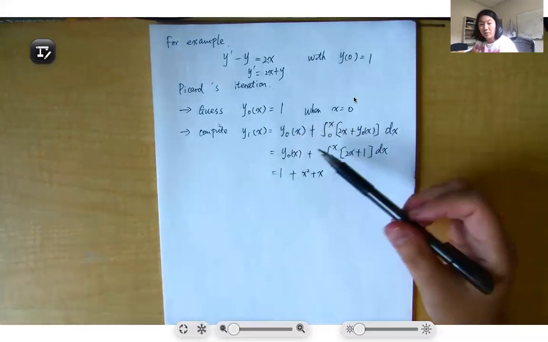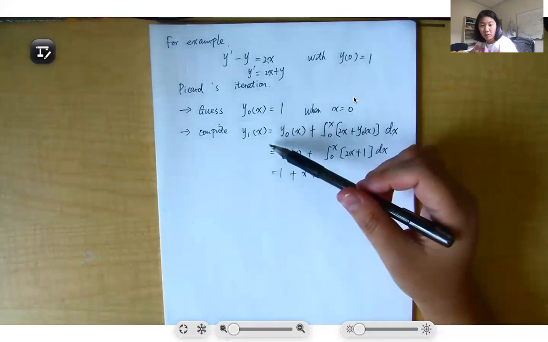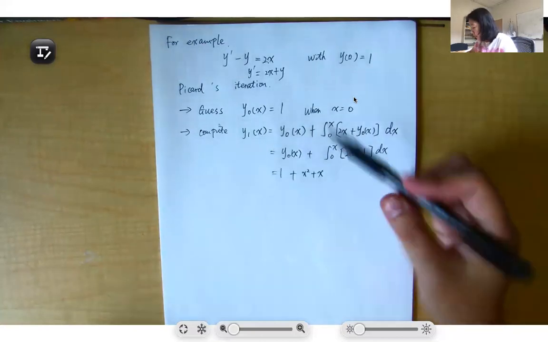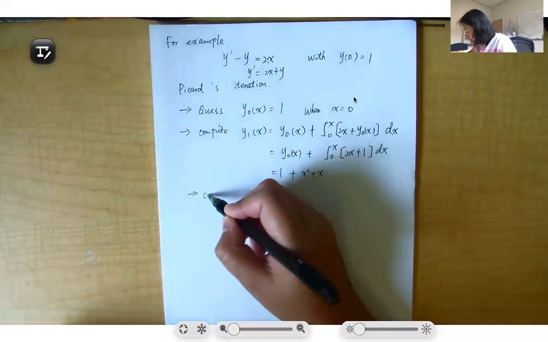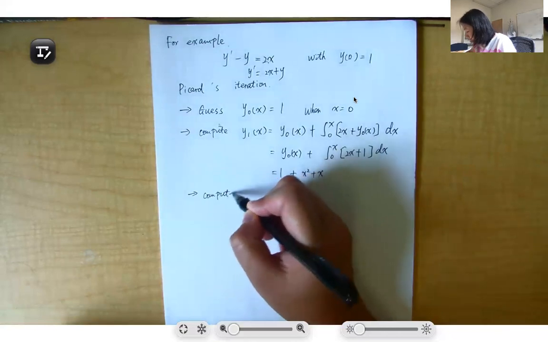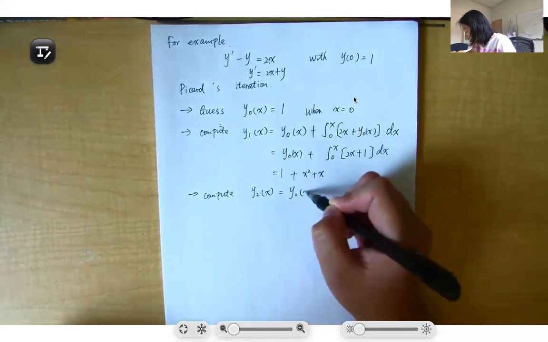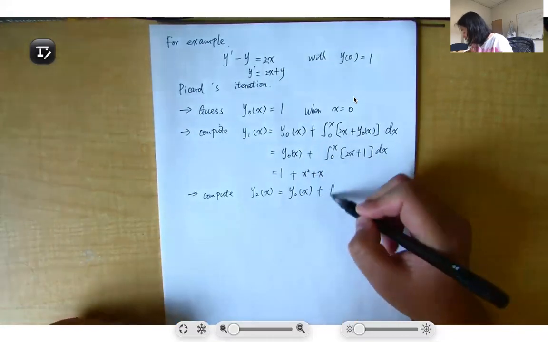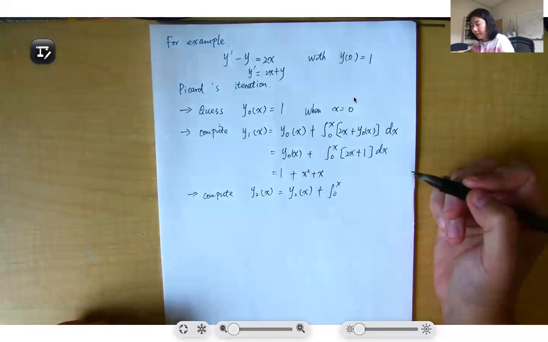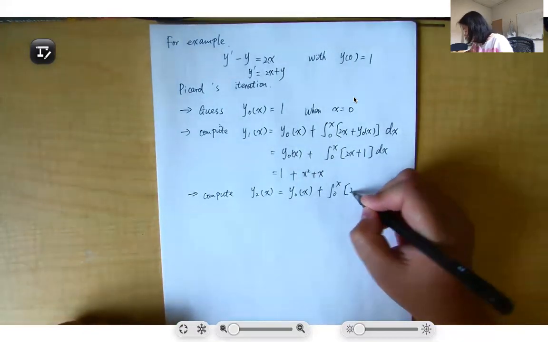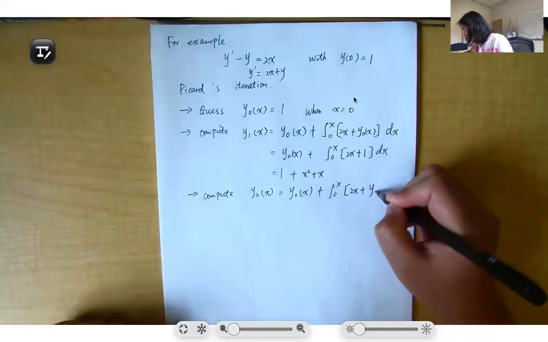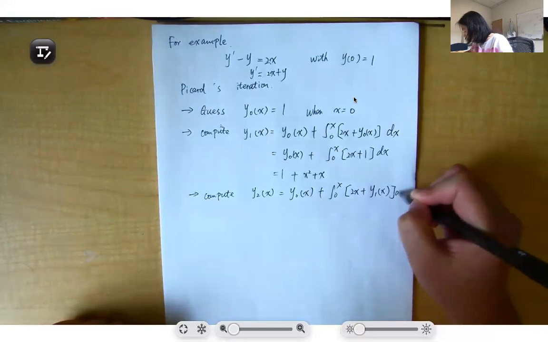Then we can use this first step solution to compute our second step. So the second step, compute y2(x), which will be equal to y0(x) plus the integral from 0 to x of 2x plus y1(x) dx.